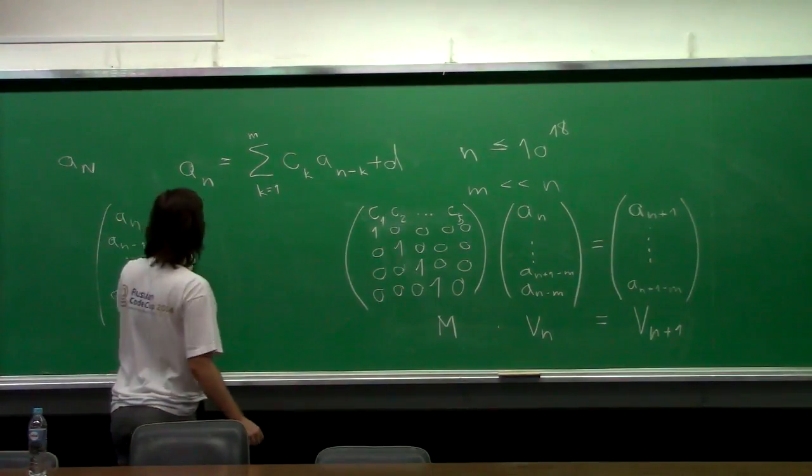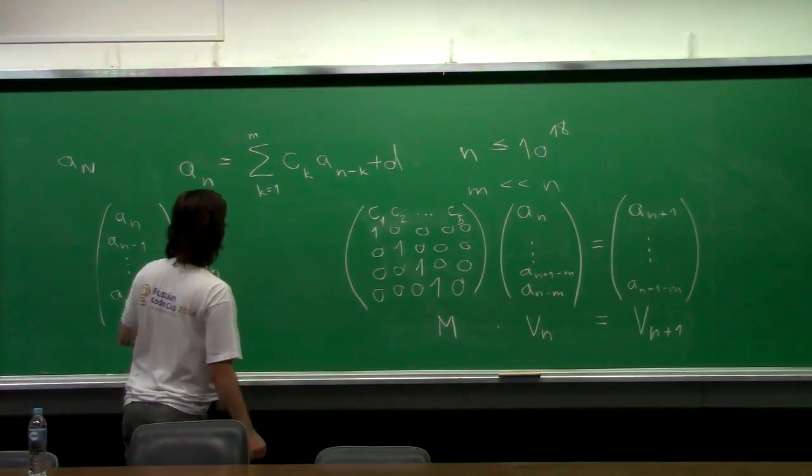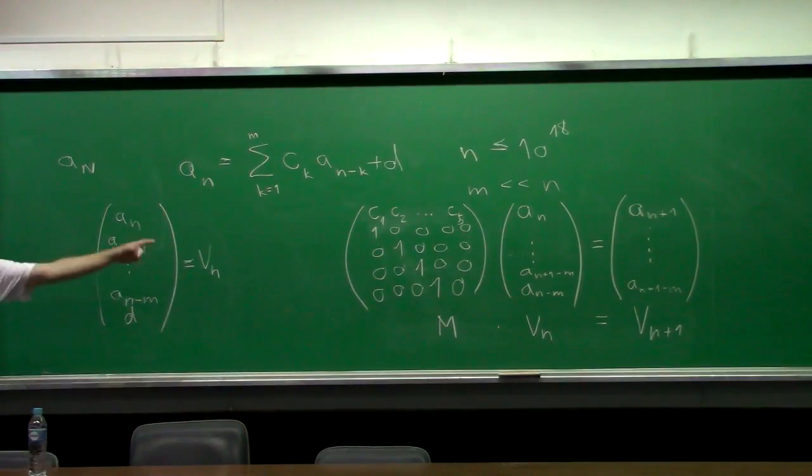So this will be vn. Instead of having just that vector, we added this number d at the end.